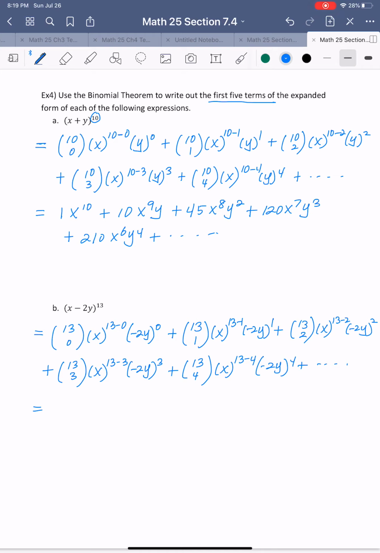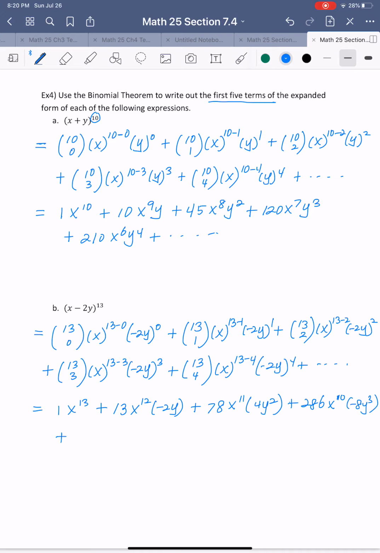Okay, 13 choose 0 means 1 times x to the 13th power times negative 2y to the 0 power, which is 1. 13 choose 1 is 13, and x to the 12th of negative 2y. 13 choose 2 is 78, x to the 11th power and positive 4y squared. 13 choose 3 is 286, x to the 10th power and negative 8y cubed.